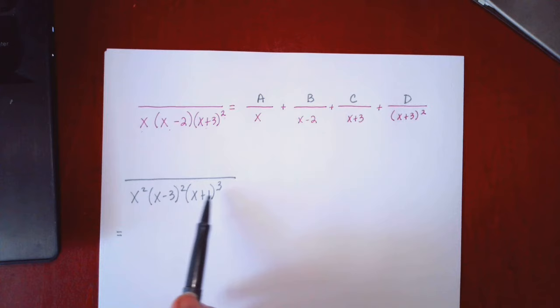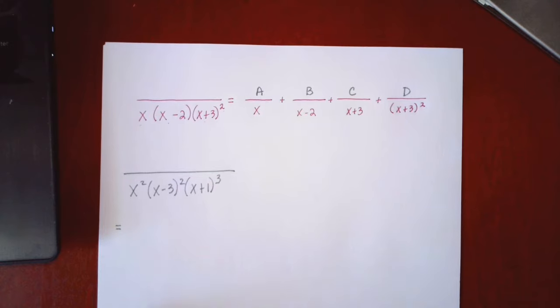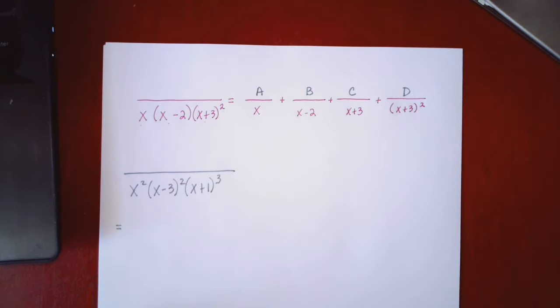What's the overall degree of that denominator if you multiplied it out? Not quite. I think we would add the exponents, right? Yeah, you're thinking along the right lines though. So it'd be a 7, right? So we would actually need 7 possible factors in the denominator.